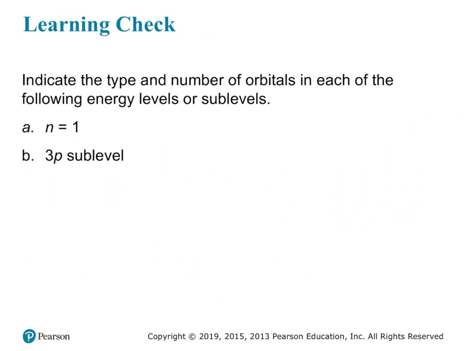So let's do a quick learning check and then we'll call it a day with energy levels. Let's indicate the type and number of orbitals in each of the following energy levels or sublevels. So A, n equals 1. So that's energy level 1. How many orbitals and what type of orbitals are in energy level 1?